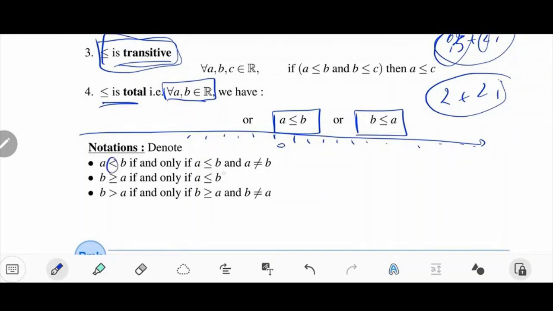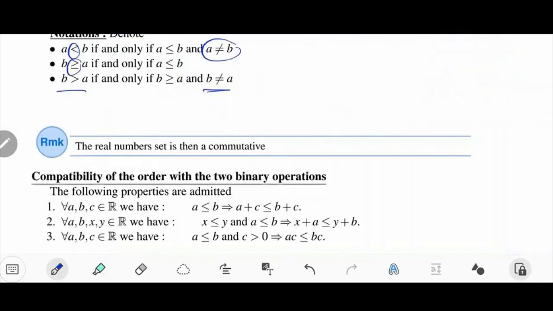If the relation is strict, it means that A is different than B. We say that also B is greater than A. It means that A is less or equal to B. It's the same order, but the other way around. And we say also that it's greater strictly if B is different than A.